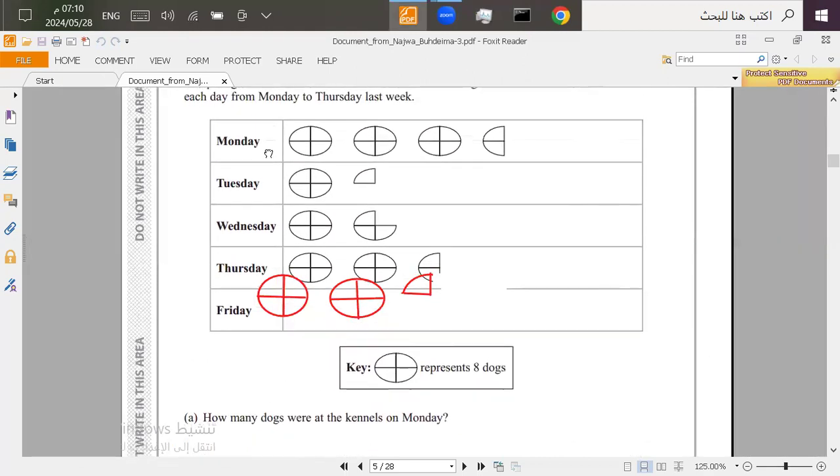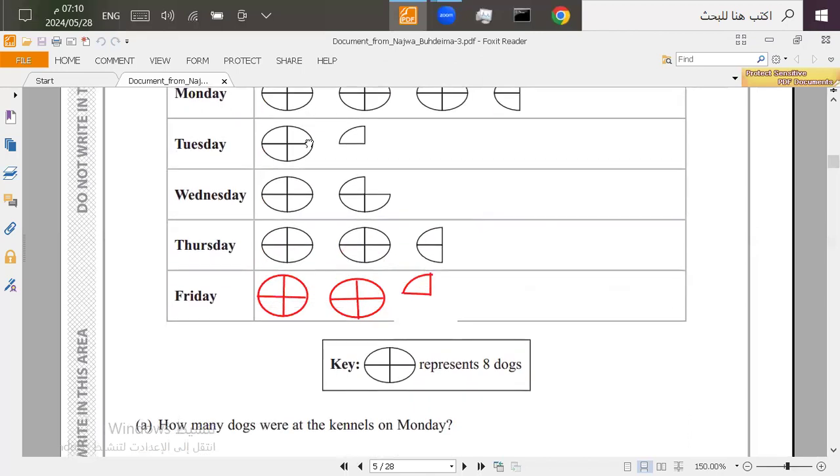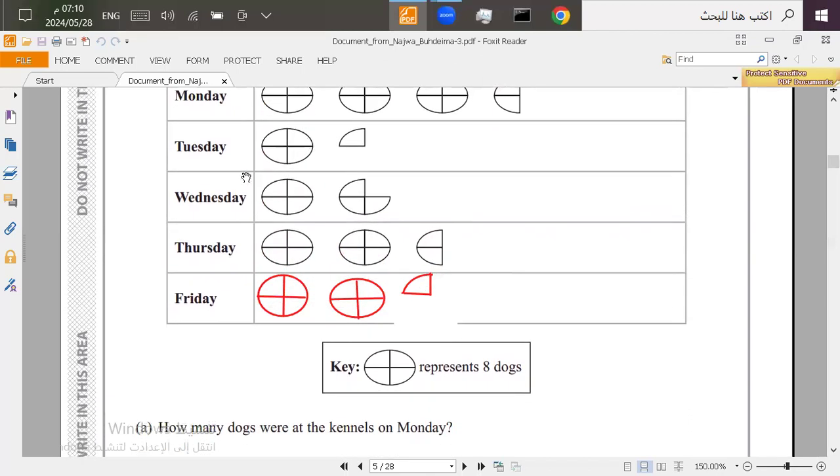So from Monday to Friday, each dog takes 2 biscuits. We're gonna count all of the dogs and then multiply them by 2. So we need to know how many dogs there are from Monday till Friday.